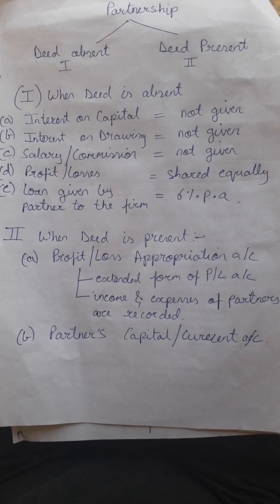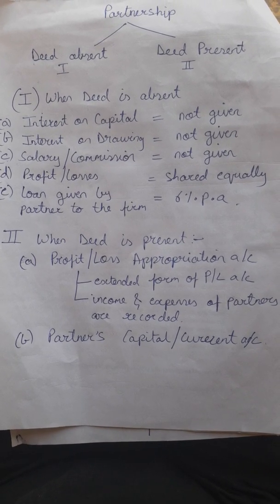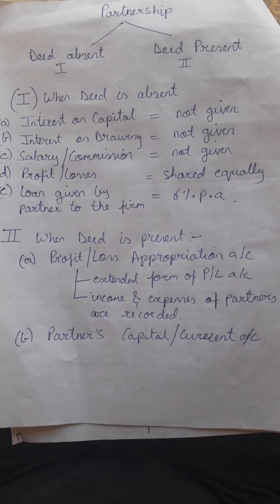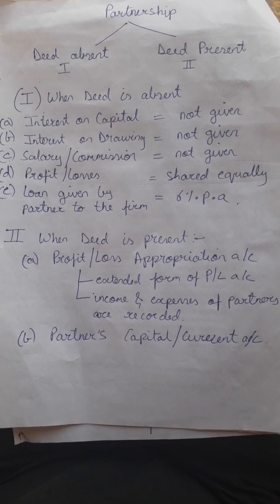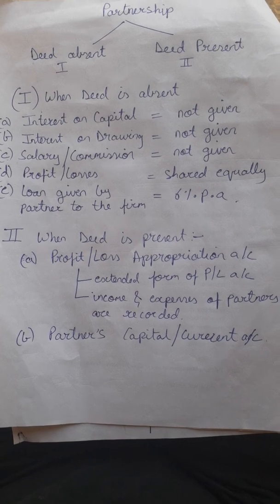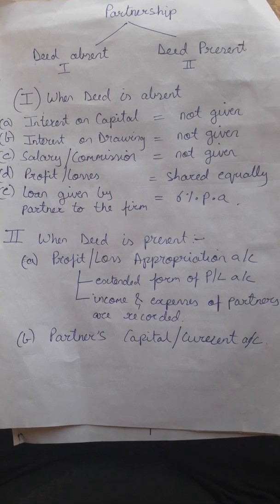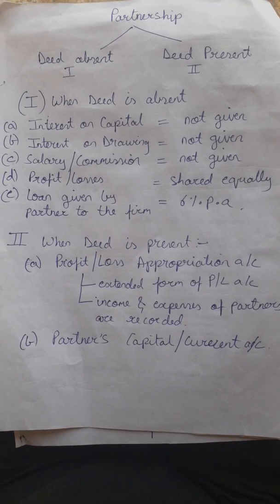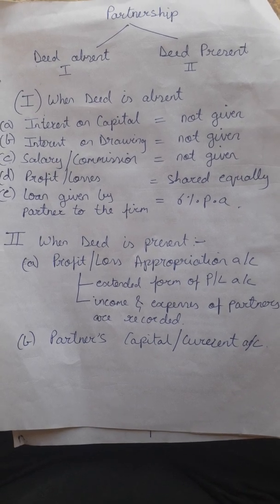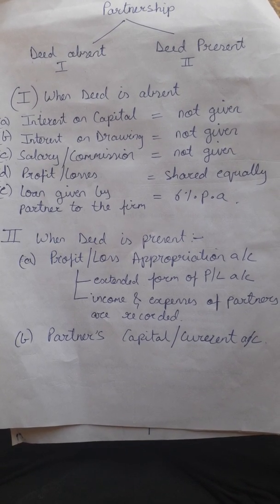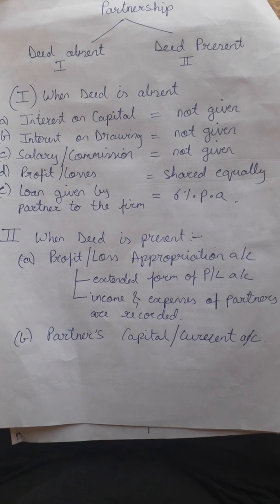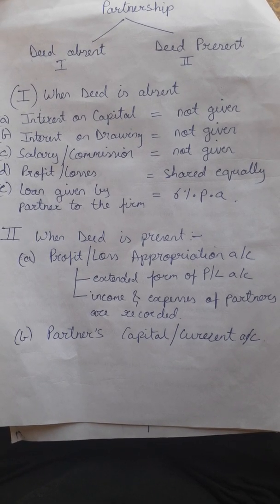Profit losses are shared equally, irrespective of the capital contributed by them. And in case any partner has given loan to the firm other than capital, in that case only 6% rate of interest is given by the firm to the partner annually.